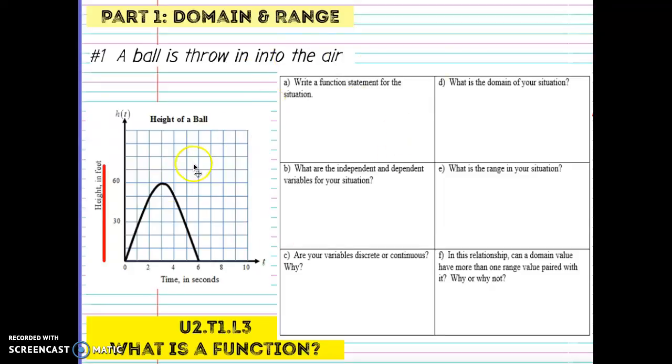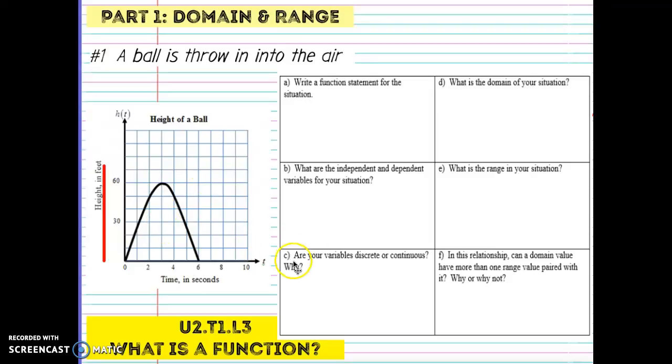And if I look at my graph here, I have time as t on the x-axis, and I have the height of the ball in feet on my y-axis. And you might notice here that instead of y, I have h of t, because they are basically the same thing. So this is my y-axis and t represents my x-axis.